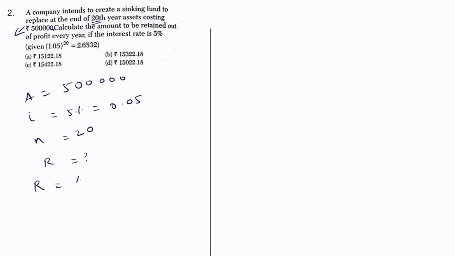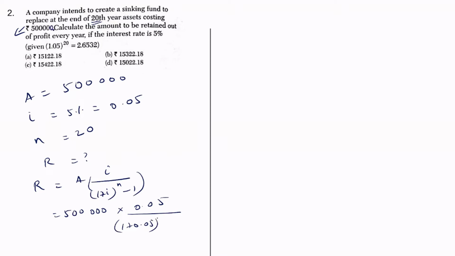So R is equal to A into I upon 1 plus I the whole raised to N minus 1. So it is 5 lakhs into 0.05 upon 1 plus 0.05 the whole raised to N is 20 minus 1. So here we have 0.05.